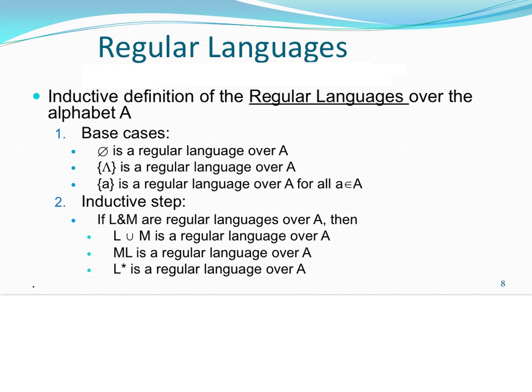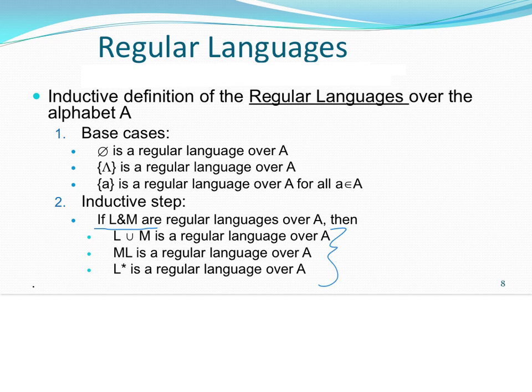Okay, now let's look at the inductive step. And the inductive step says, if you already have two regular languages, let's call them L and M, then these three other languages that you can build out of L and M are also regular languages.